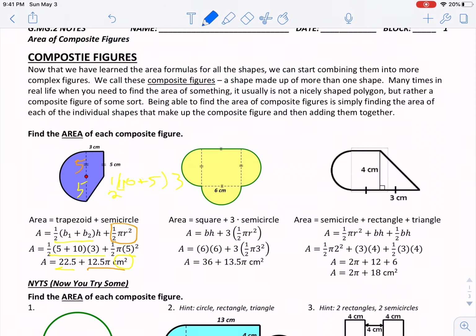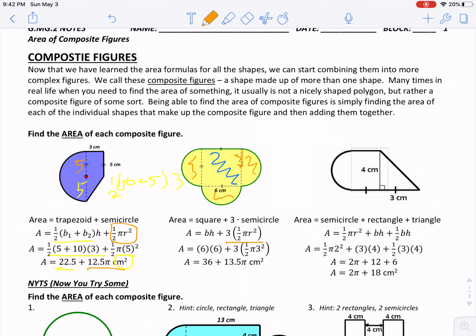All right. Second one, they break it up into a square and 3 semicircles. Notice that all the semicircles are the same, so they just multiply it by 3. Well, it's 6, but be careful, because the radius part is half of that, so it's 3.